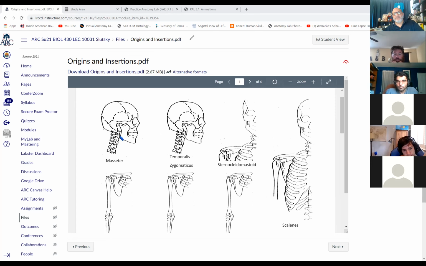When I tell you that the masseter originates from the zygomatic arch, then you know to put a big red mark up here because that is its origin. And now we know the origin and the insertion of the masseter. And so that's what you're going to be doing. Using a red pen and a blue pen, you're going to draw the origins and the insertions. Okay? Got it, thanks.